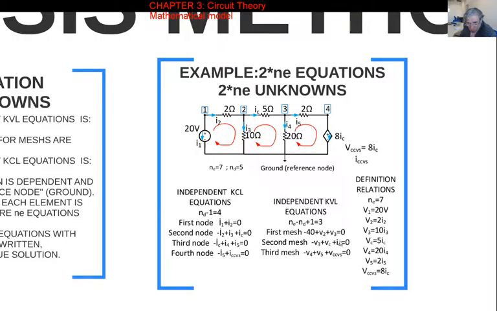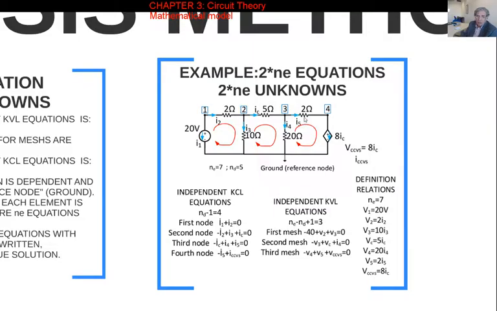This is another mistake here, I'm going to correct this. This is not I4, it is V4 of course. Third mesh, we've got 3 elements. V4 is this. The sign is negative because this mesh direction and I4 direction are opposite.